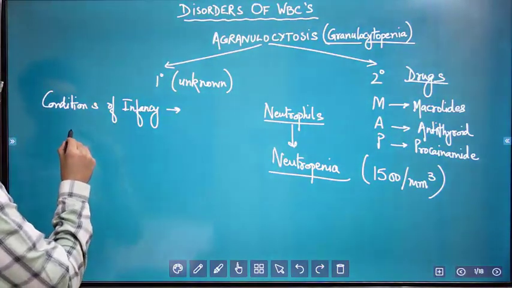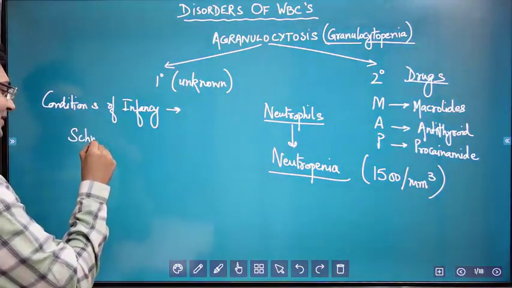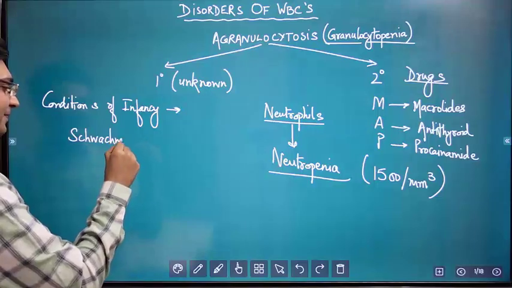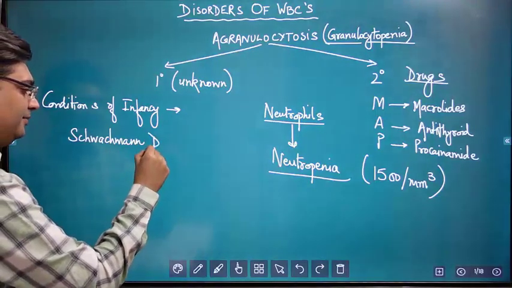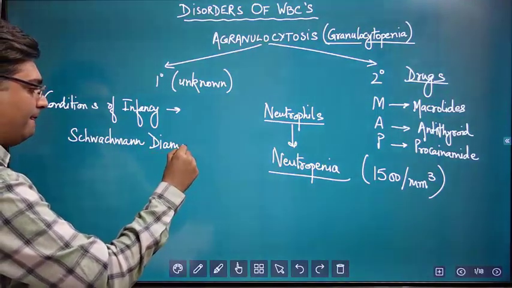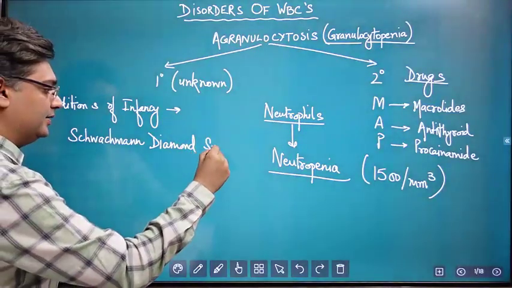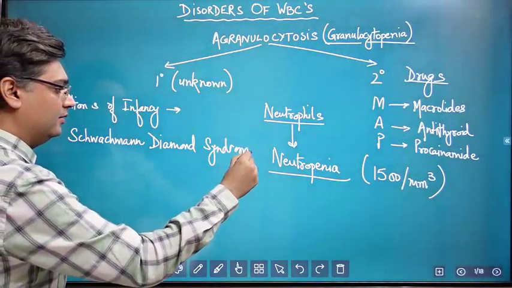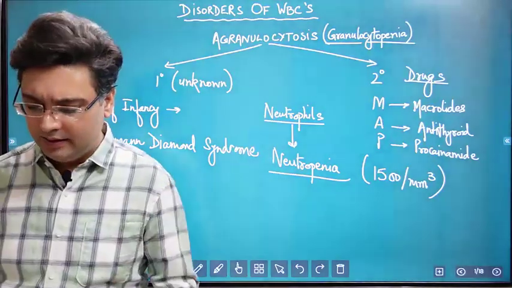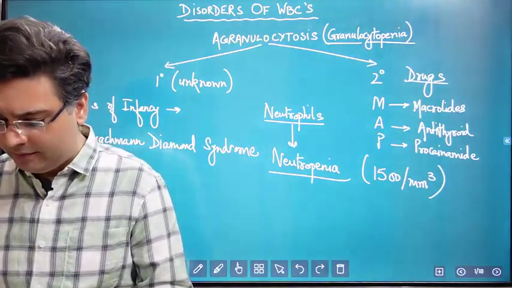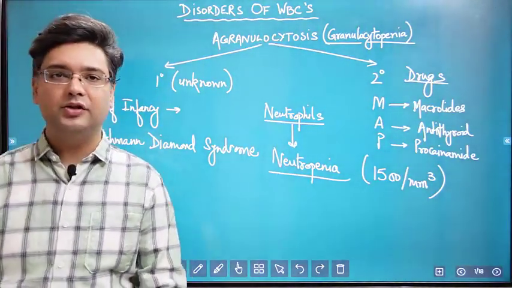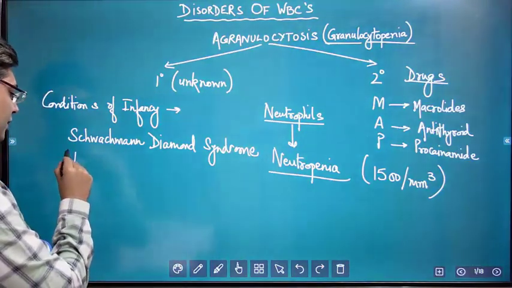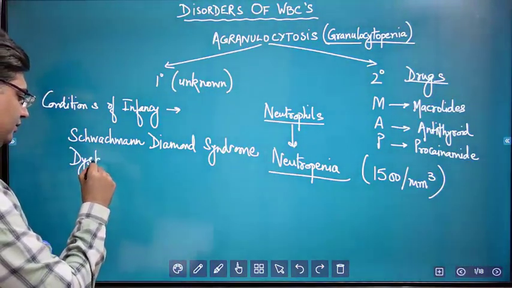Yeah, a complicated name. So this can result in neutropenias. Then we have dyskeratosis congenita.